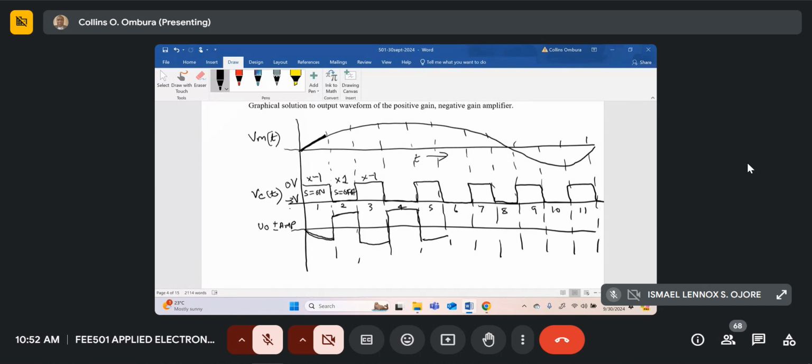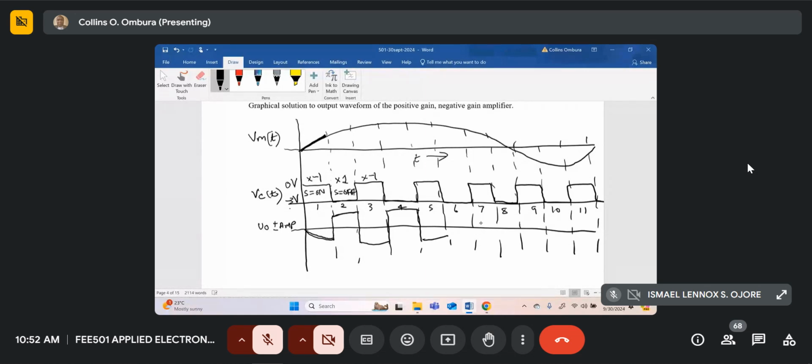Okay, let's consider interval number 9. The waveform is changing direction. I will assume it starts from the 0 of the top input waveform. So when S is on, you multiply by -1.